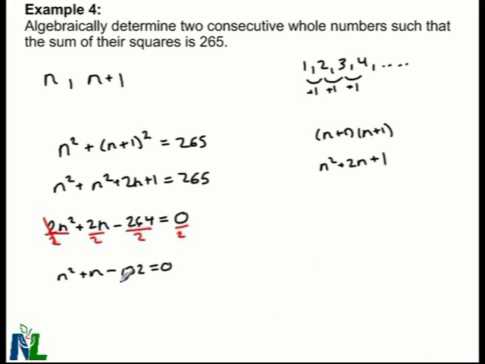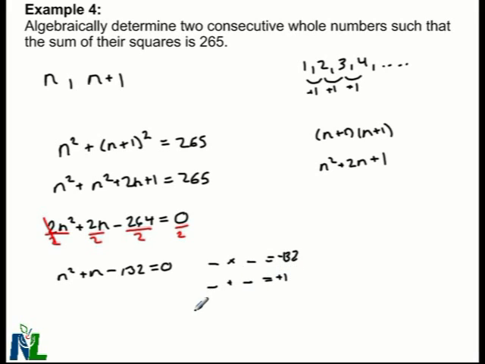Looking at this now, I see that the value in front of n squared is equal to 1. So there's a good chance I could factor this using product and sum. I'm looking for two numbers that multiply to give me negative 132, but that add to give me positive 1.